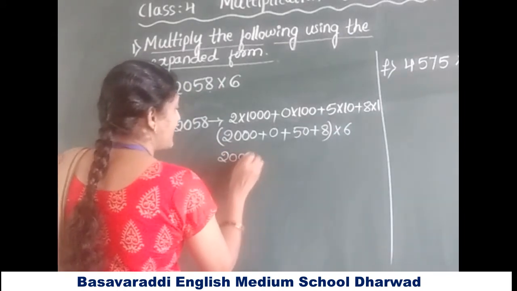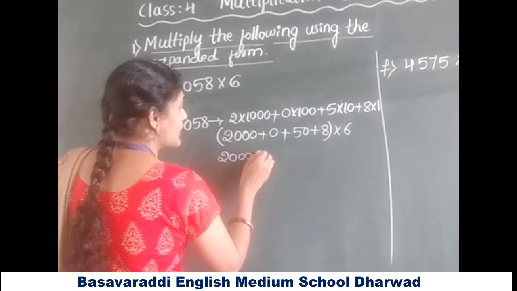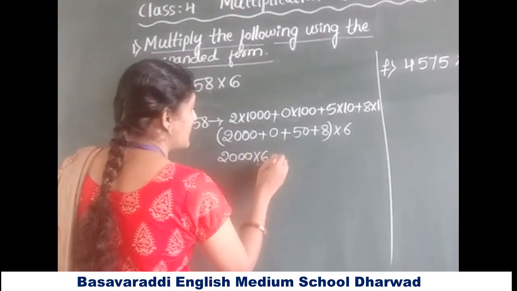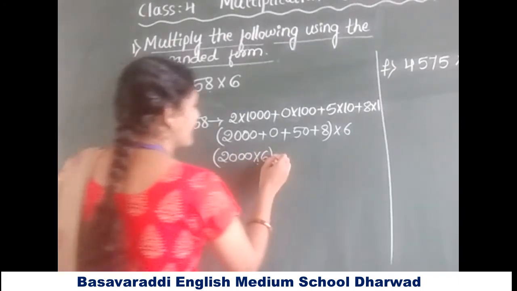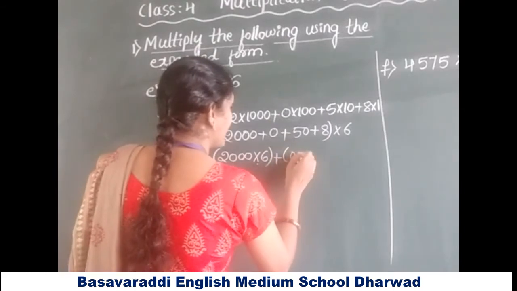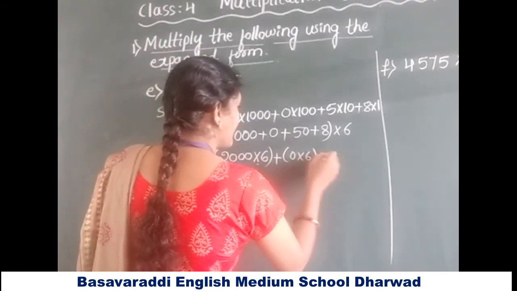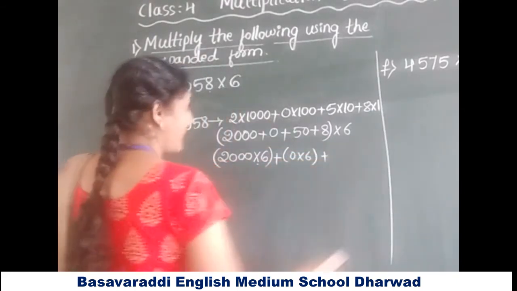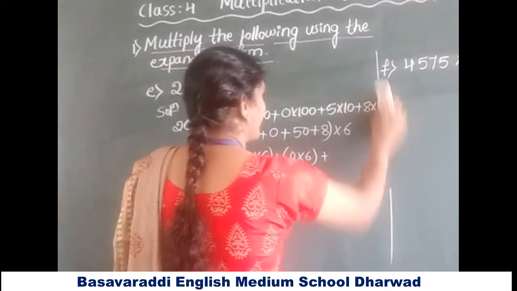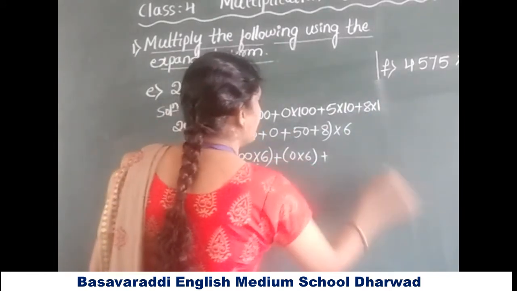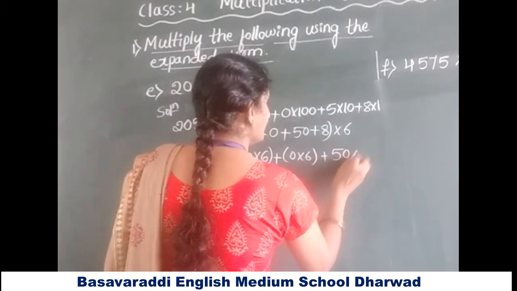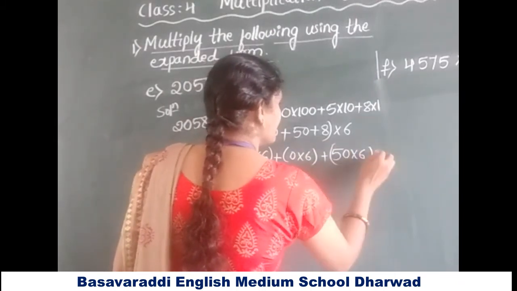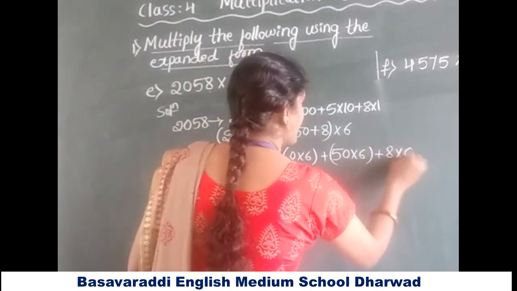The next step is multiply 6 by each number there. The 8 into 6.